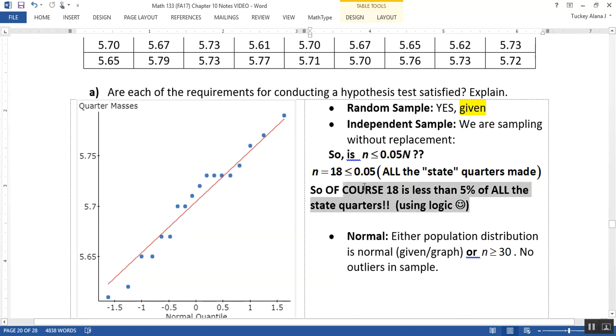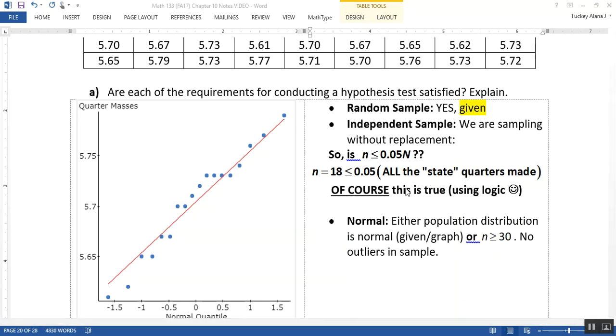So you want to make a little logical argument and just say, of course it is, right here. There, that's a much cleaner way to write it. And that's the way most of my students in a face-to-face class write it as well. They'll say the little sample size is less than or equal to 0.05, and then they'll write out what capital N is. Remember, that's your population size. And then just say, well, of course it is. I actually have some students saying, duh, of course, to quote Homer Simpson or Bart Simpson.